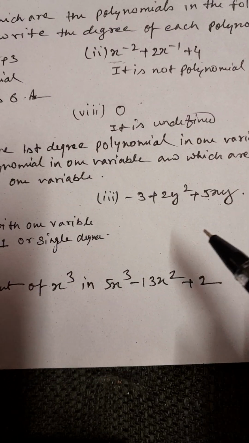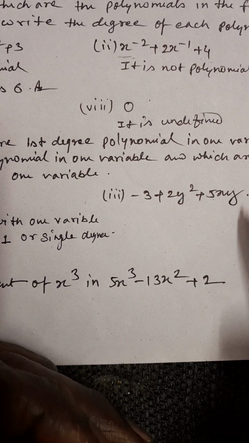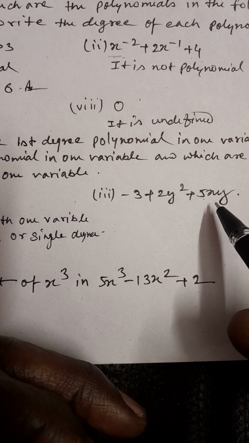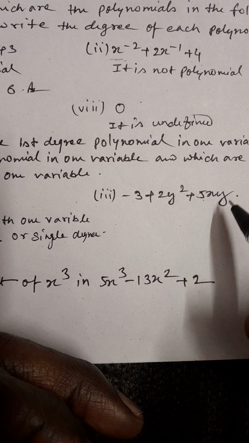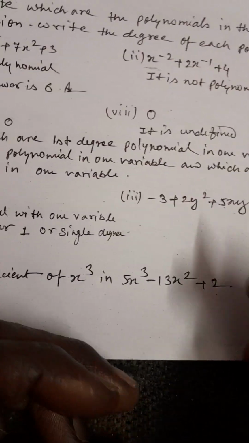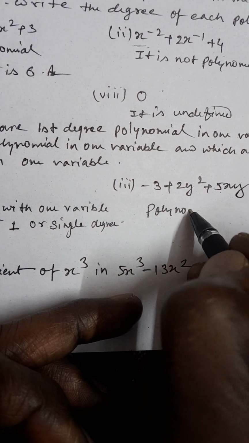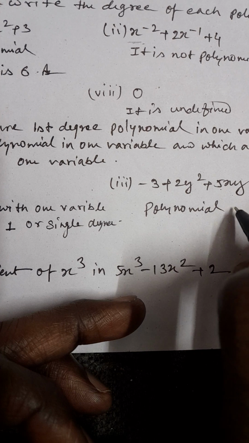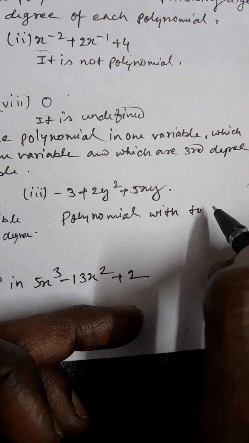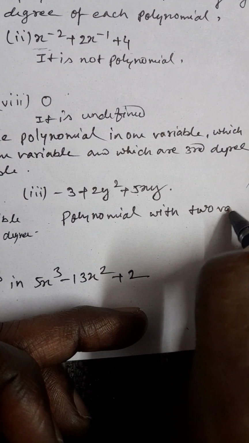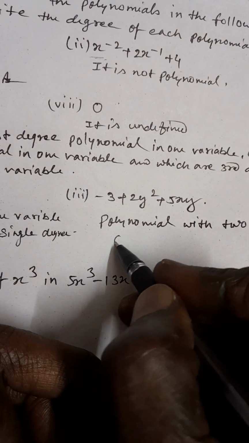In the same way, in the question 2, 3, minus 3 plus 2y square plus 5xy, we can see that there are two variables, x and y. So how many variables or indeterminates are there? There are two variables, so here we will write polynomial with two variables of power.